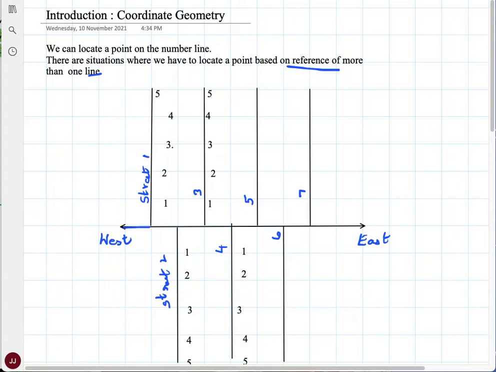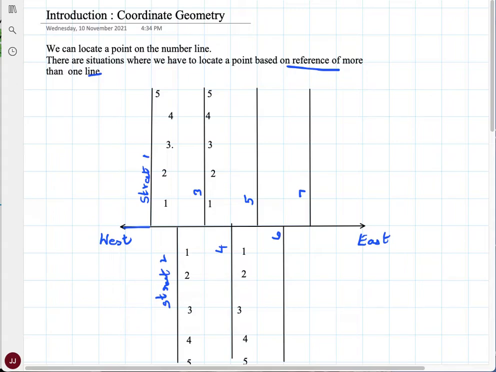Even if we know the street, we need to know the house number. So we need two pieces of information, that is the street as well as the house number. If we want to reach the house which is situated in the second street and number 5, first of all we have to identify the street, second street, and then the house number 5 on it. So that will show the location of the house.